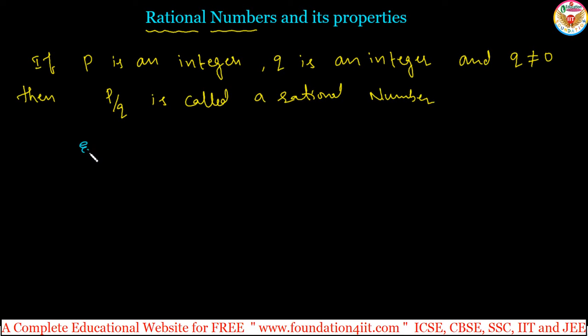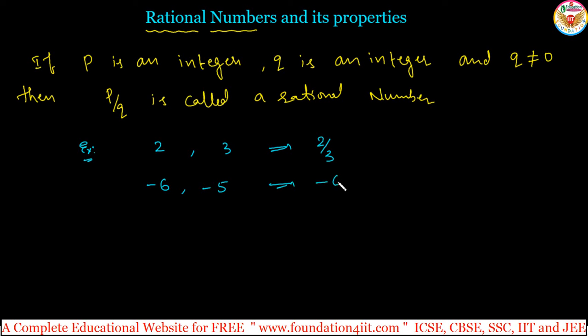So let us see the example. P and Q must be integers, and Q is non-zero. Okay, 2 is an integer and 3 is also an integer, so 2 by 3 is a rational number. Even minus 6 is an integer, right? And minus 5 is an integer.